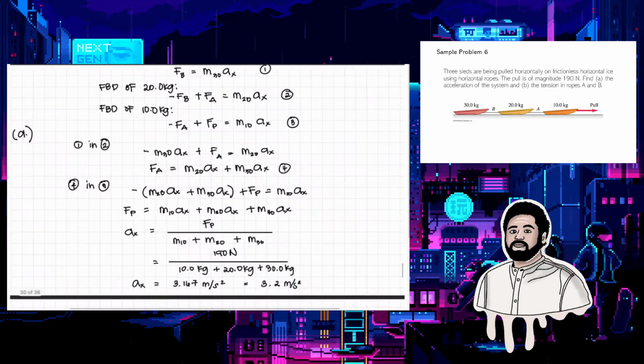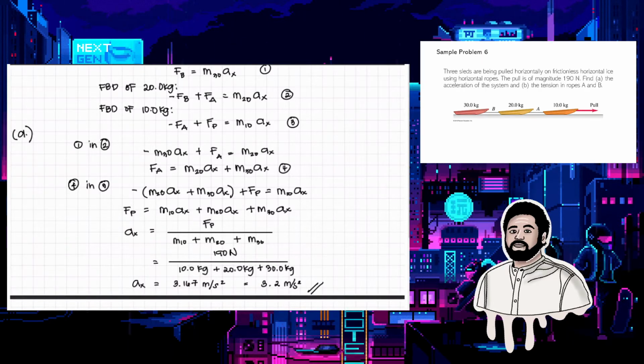We will be left with negative M20AX plus M30AX plus FP equal to M10AX. Doing the algebra and substituting our values, we only have AX left on one side of the equation. So AX is equal to 3.167 meters per second squared, or by sig figs 3.2 meters per second squared. That is now our acceleration. That's our answer for letter A.